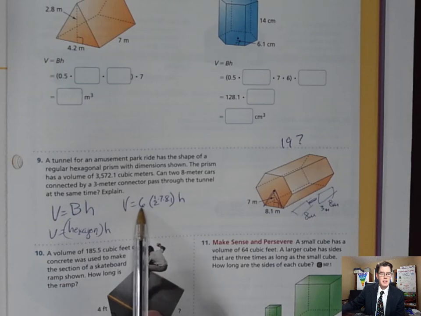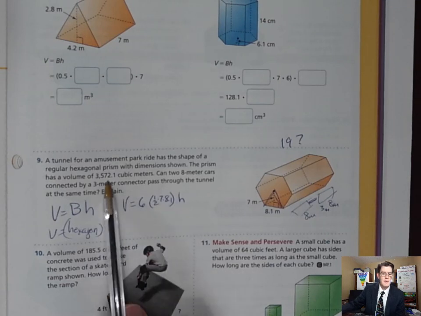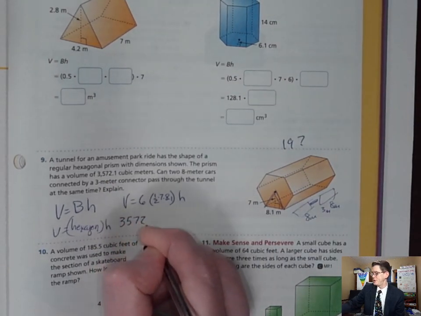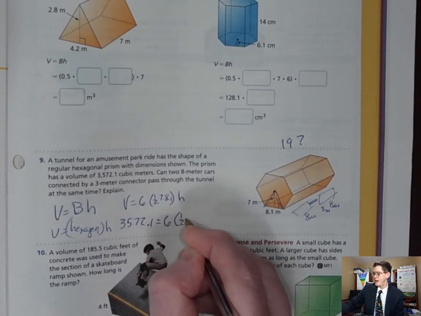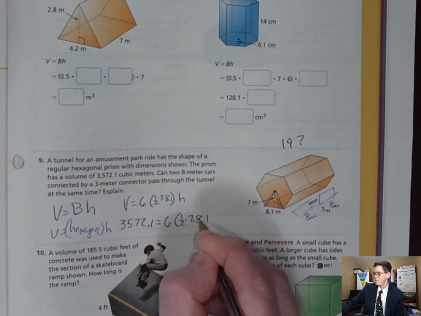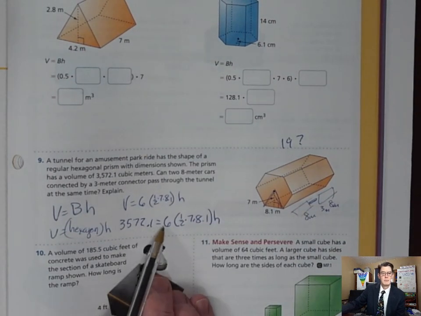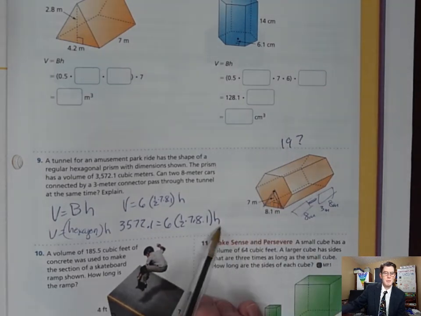The volume being 6 of these triangles times the height. Well, here's the volume right here. So 3572.1 is 6 of the triangles, 1/2 times 7 times 8.1, times the height, the volume, the hexagon times the height, and they're wondering how this 19 is going to compare.